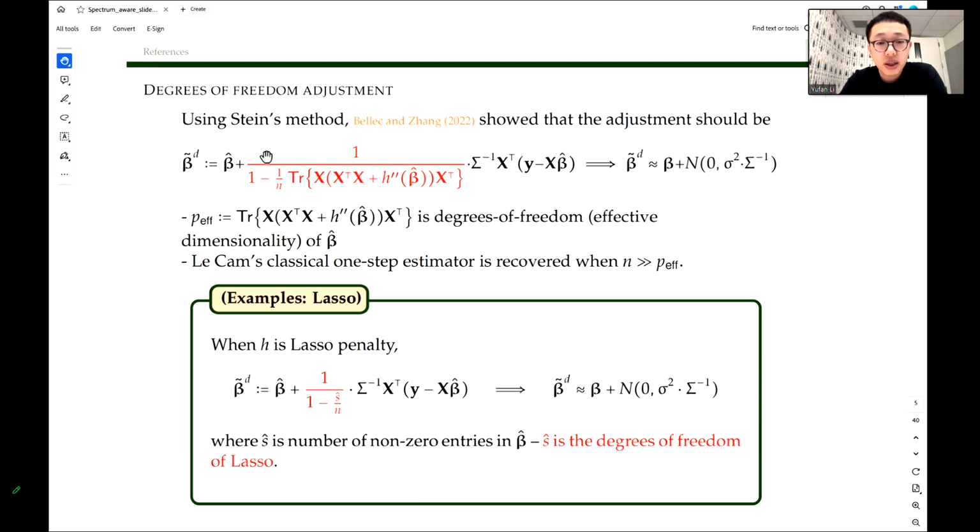You just take the effective dimension of your regularized estimator and divide it by n. As we can see here, in the case where your sample size is much larger than your effective dimension, you recover basically the classical one-step estimator we just talked about.